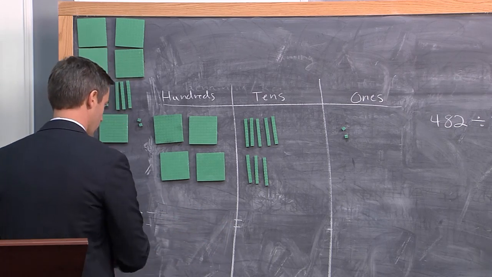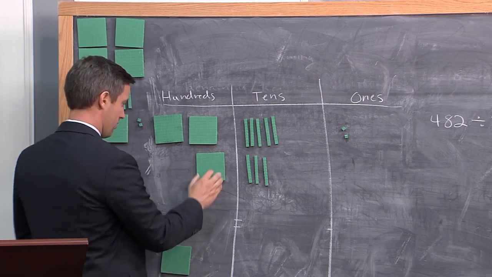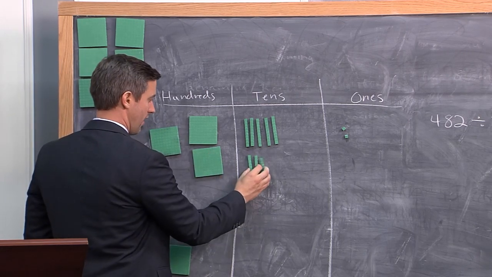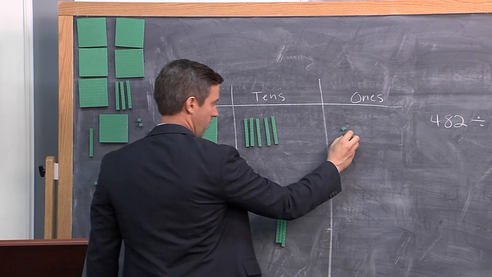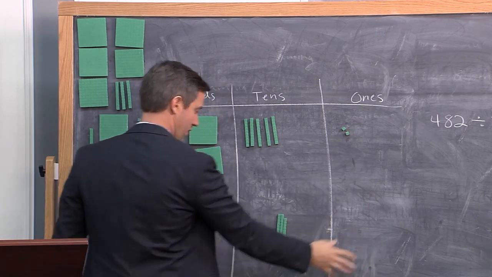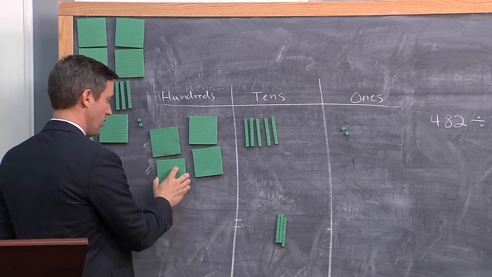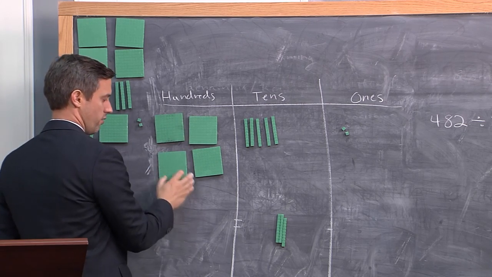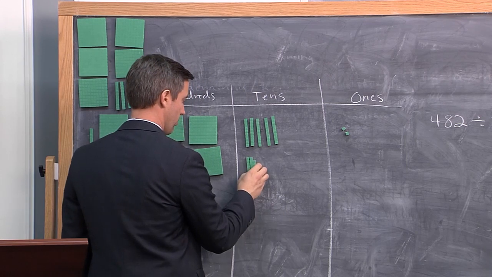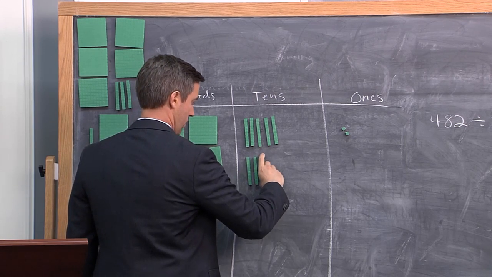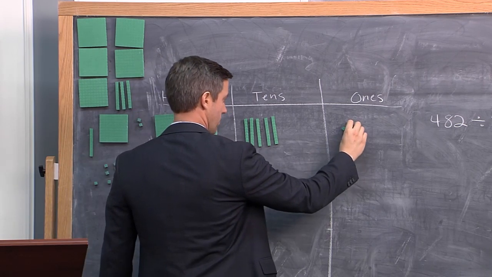What's wrong with just splitting it into groups? If I split it into groups, you can say, okay, so this works, and then this is a group, and then I have these here. And that's a group, and then there's nothing in this group. And they're going to realize, no, division should be equal groups. So in this problem, I'm going to have 2 equal groups that I'm separating these quantities into.